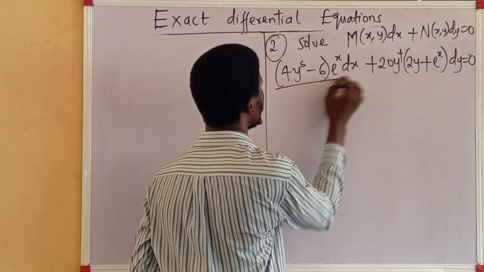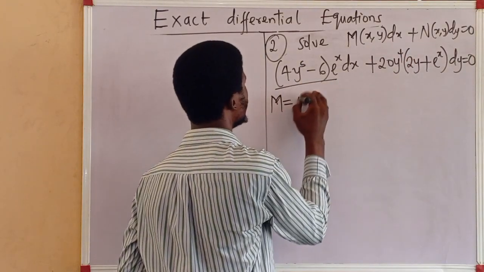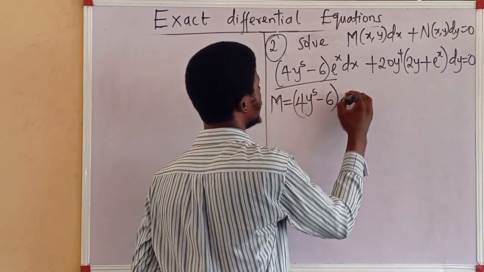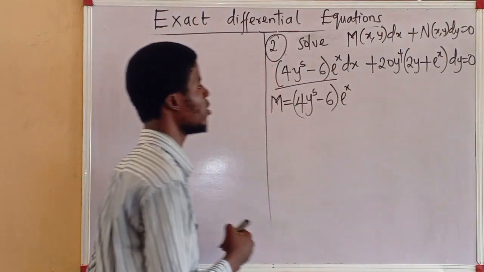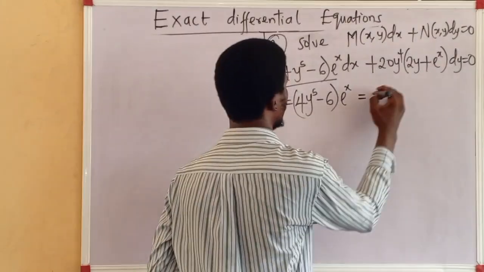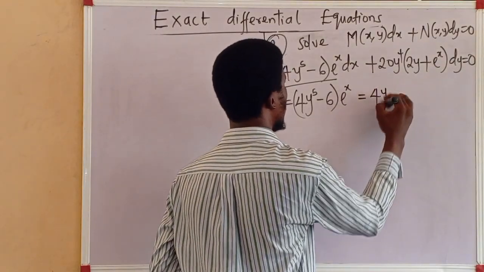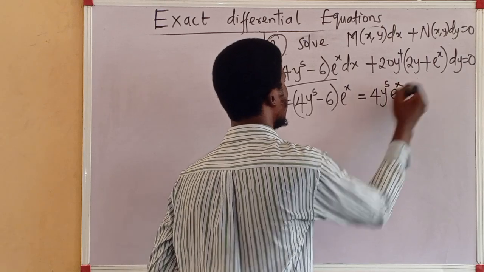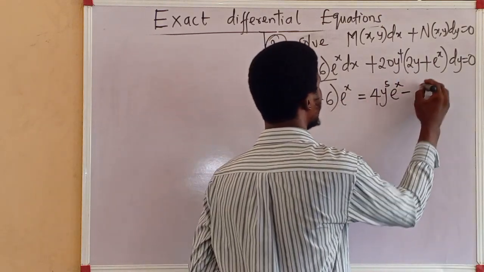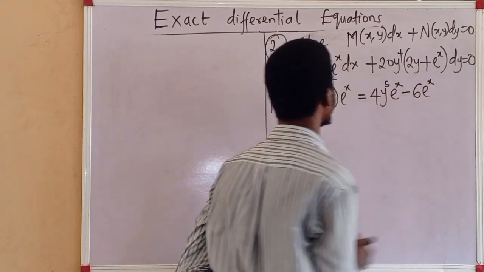So this is M. M is equal to 4y to the 5th minus 6 times e to the power of x. Okay, we can actually expand this to obtain 4y to the 5th e to the power of x. That's this times this, then this times this, minus 6e to the power of x.